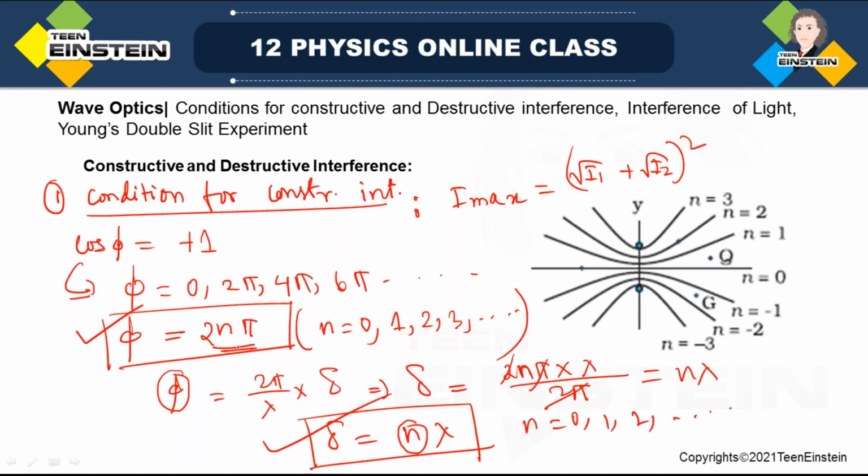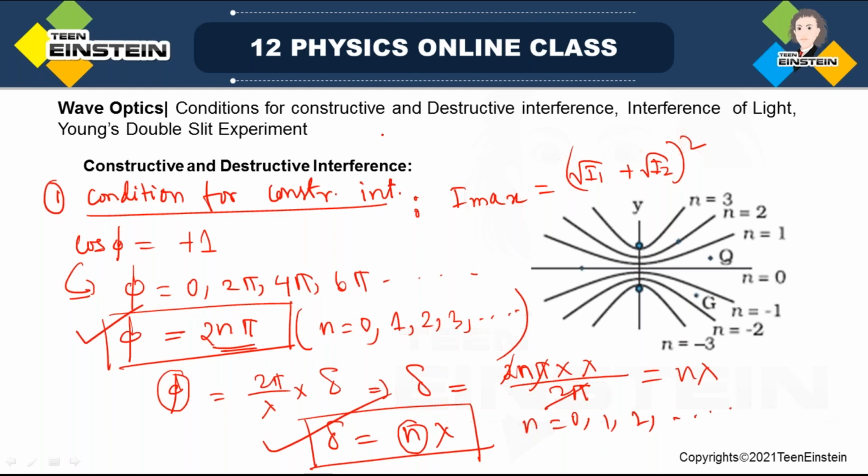Sometimes in your board exam they can give you a short question to write down the expression or the condition for constructive interference or destructive interference. So we have got the constructive interference, right?